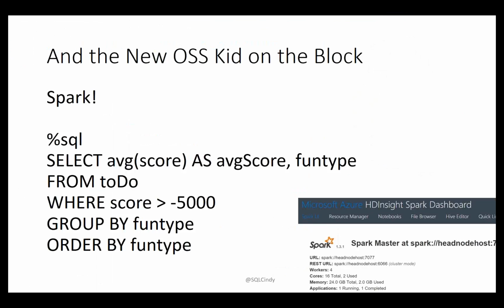You're going to see that Spark can return results instantly. However, Spark is brand new. It's something everybody's interested in, something that everybody wants to use to query their distributed or semi-structured data, but it is still brand new out there.